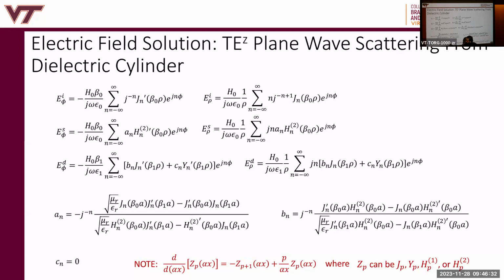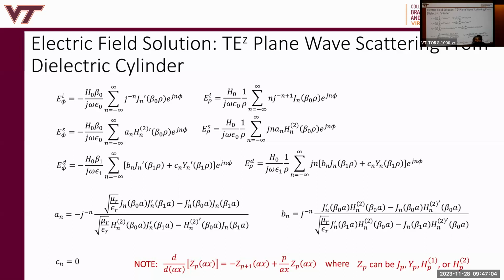If you want to differentiate with respect to an entire argument of some Bessel function, some cylindrical wave function, where Z stands for either J, Y, H1, or H2 of order p, so Z is a general function, then d by d alpha x of Zp(alpha x), the way you do that is you use this formula here: minus Z(p+1)(alpha x) plus p over alpha x times Zp(alpha x).